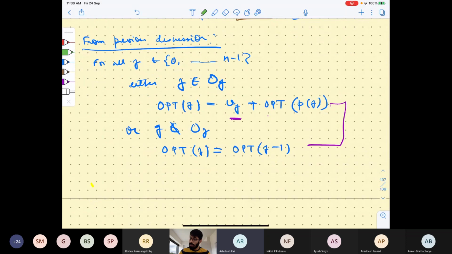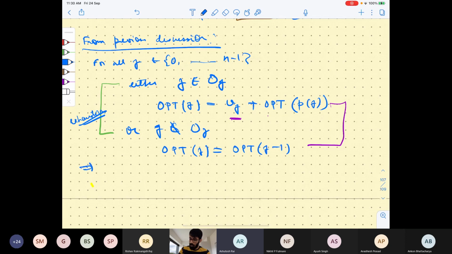Good. So now, these two are exhaustive cases, right? Either j belongs to oj or j does not belong to oj. This is exhaustive. And what does that mean? If it is exhaustive, then we can just write one thing using the max.